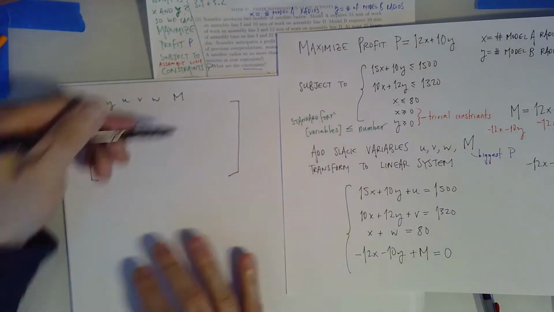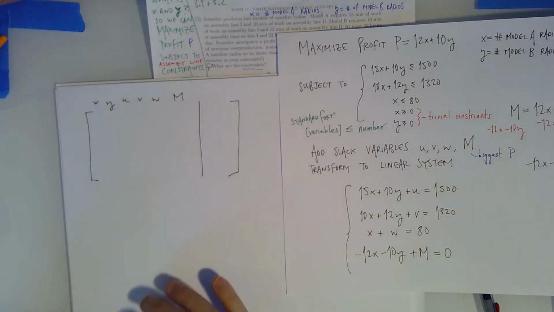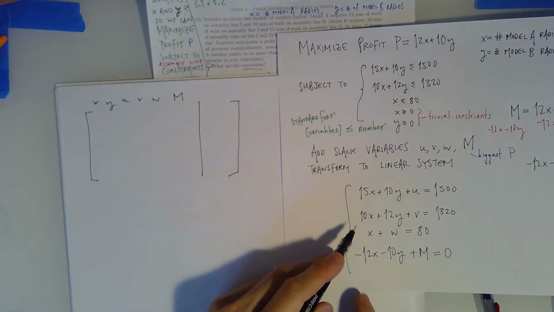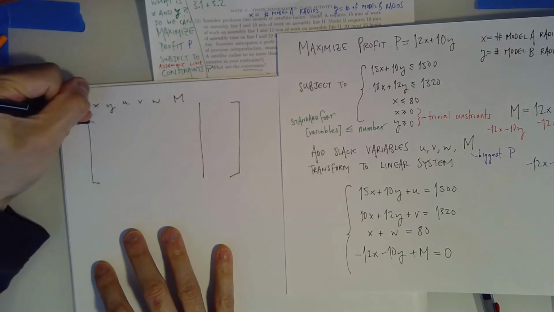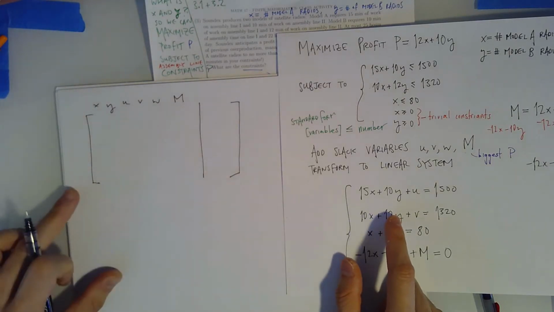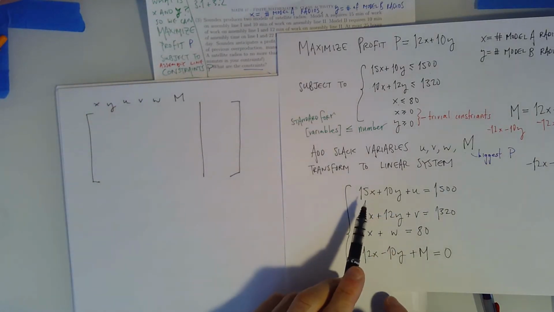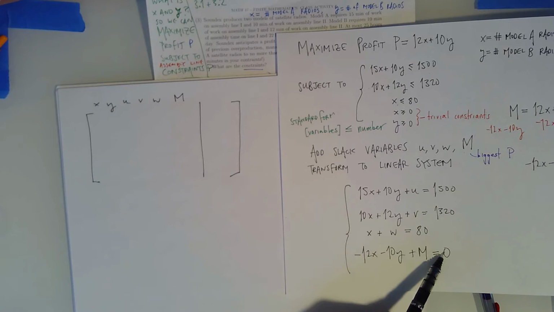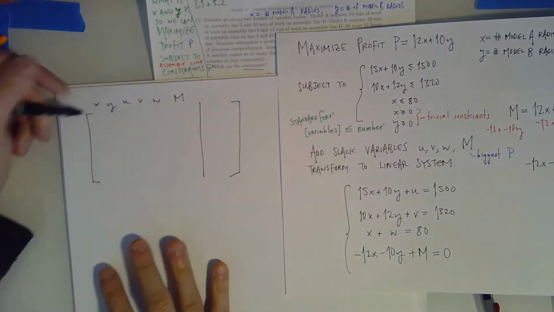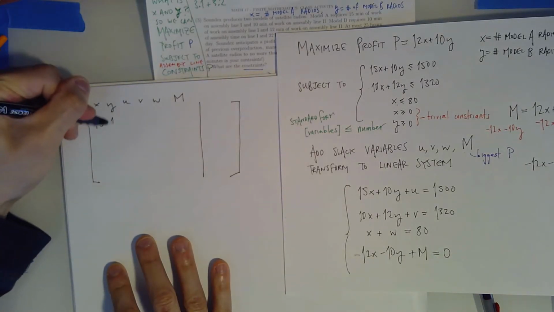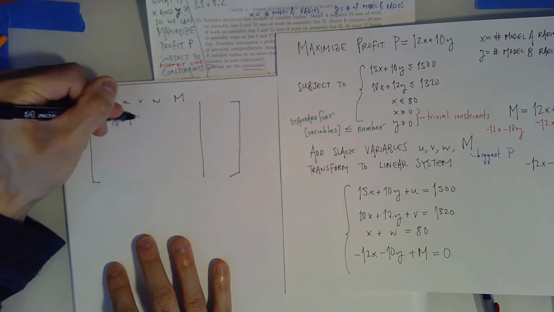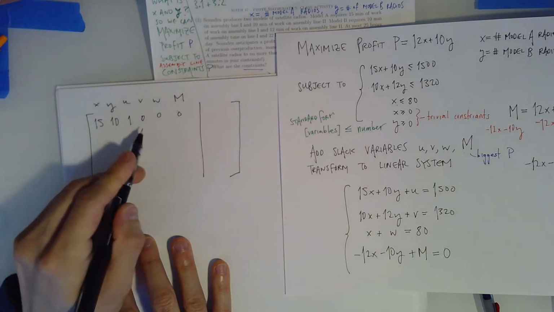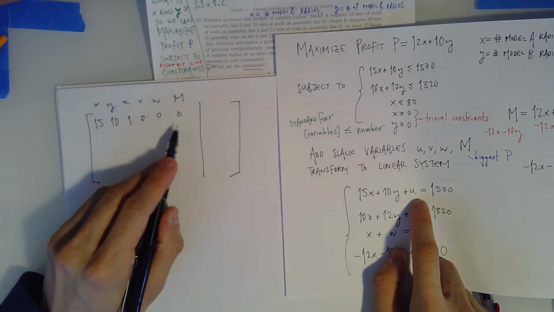And then 4 equations. So to transfer the system over, remember, you write down all the numbers next to the variables, and the numbers that don't have a variable, you write on the right-hand side here. So you got 15, you got 10, you got 1, 0, 0, 0, because you have no V, W, M here.